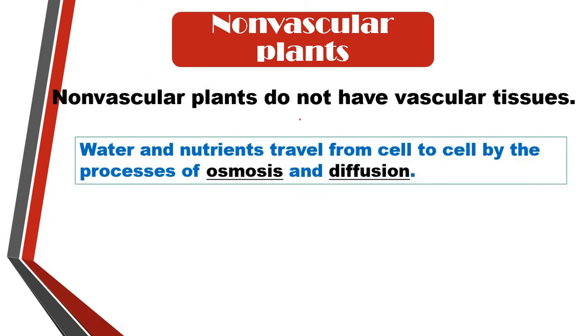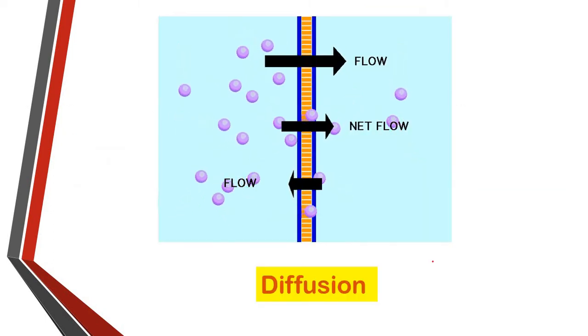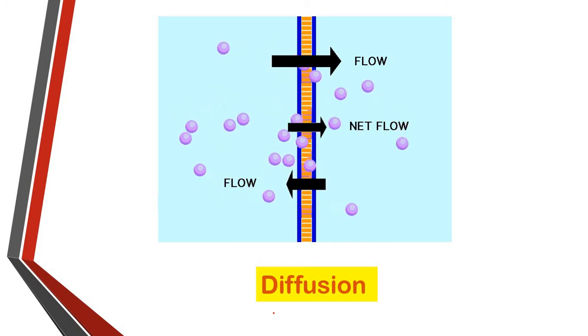So, if non-vascular plants don't have vascular tissues, how can nutrients and water pass through parts of this plant? They can move from one cell to another by a process known as osmosis or diffusion. This is the diffusion process.